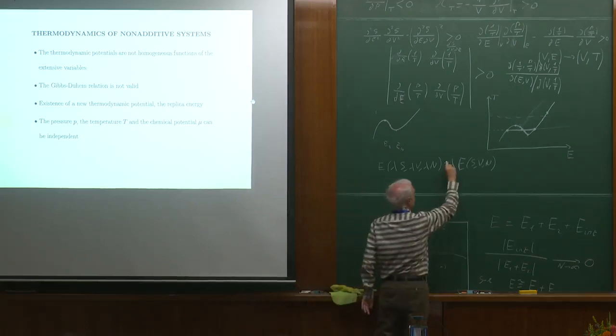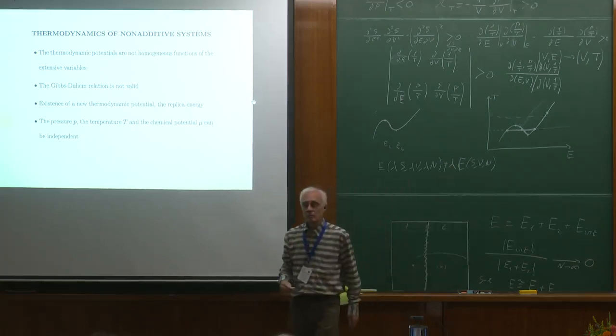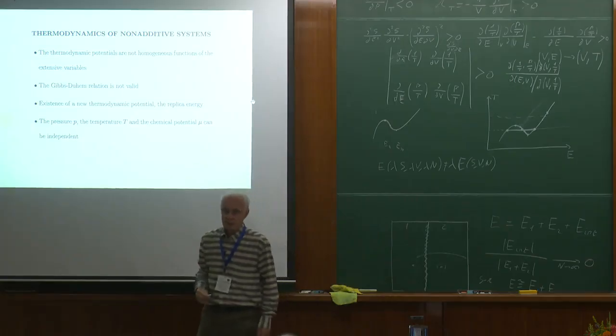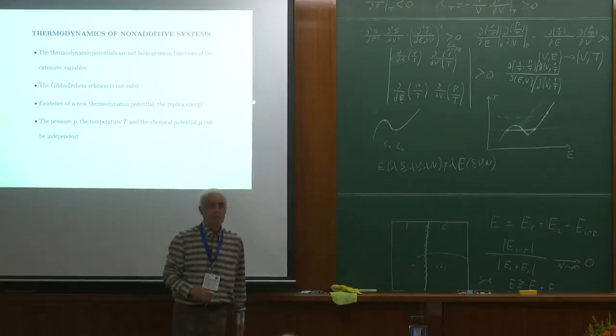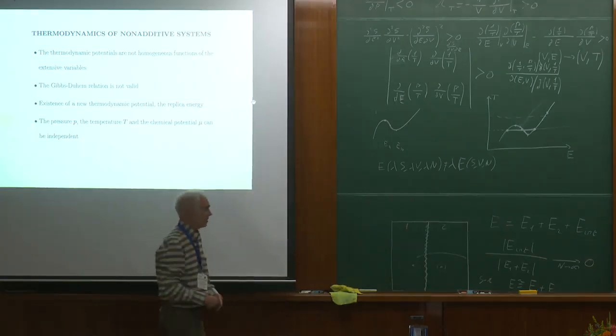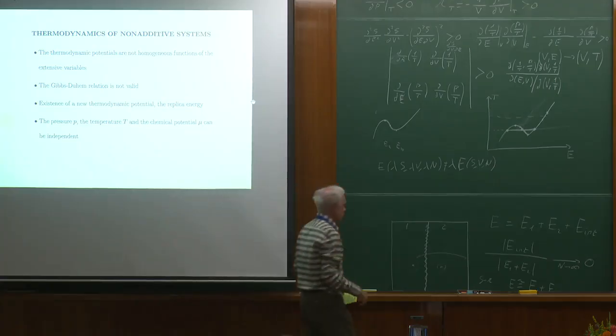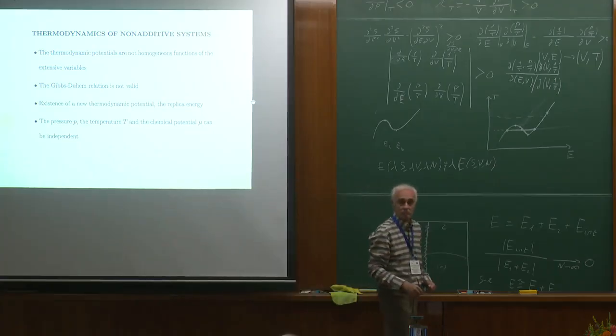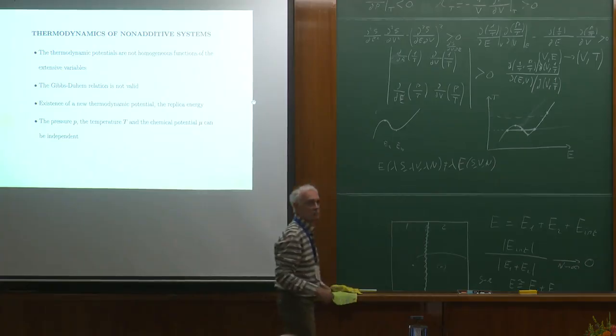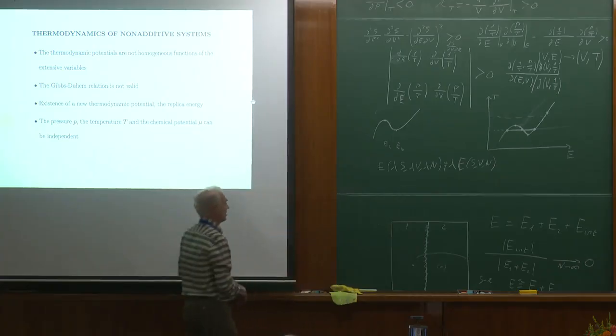That's all. And S will be extensive anyway, regardless of whether the interaction is long or short range, because that's just microscale. S, V, N will be extensive, and then E will be whatever, depending on the range.